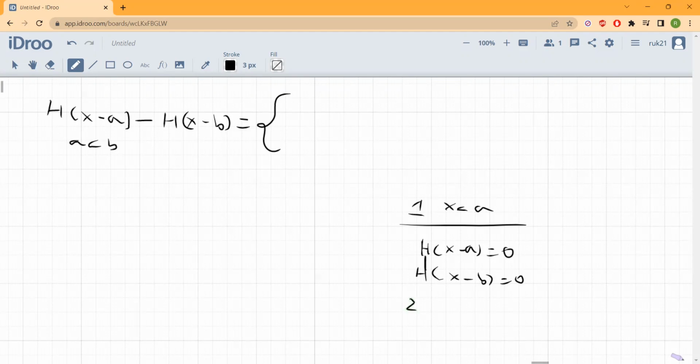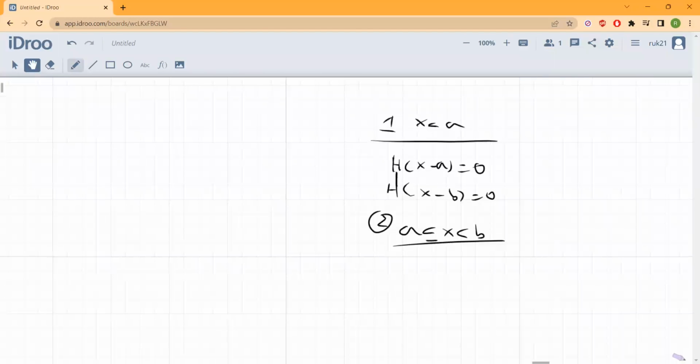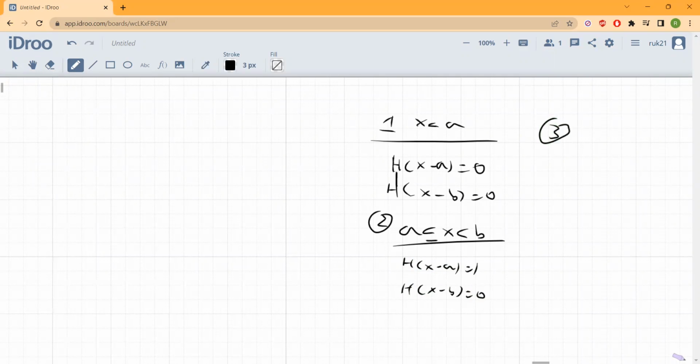Then we're going to have our case 2, in which a is smaller or equal to x, and x is smaller than b. In this case, h of x minus a is going to be equal to 1, and h at x minus b is going to equal 0. This is because if x is greater or equal to a, this one equals 1, and this one equals 0.